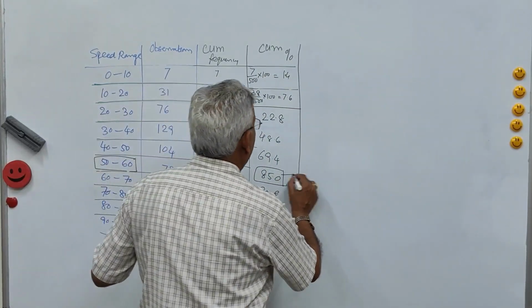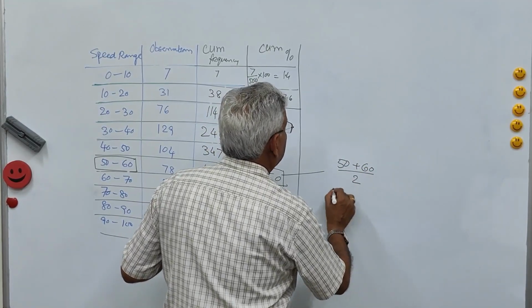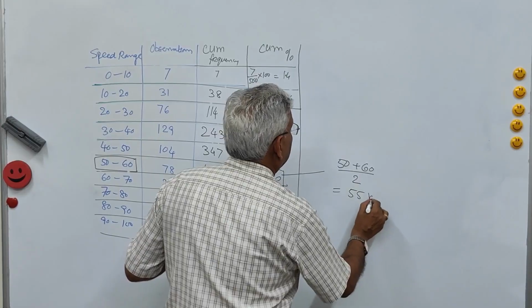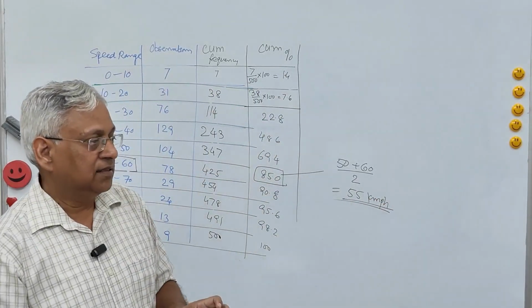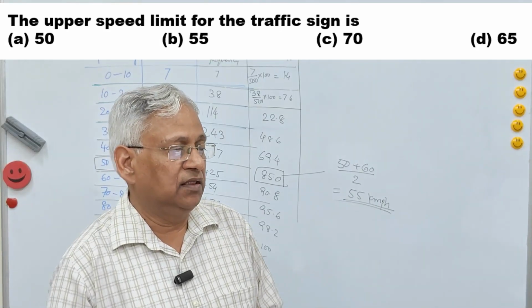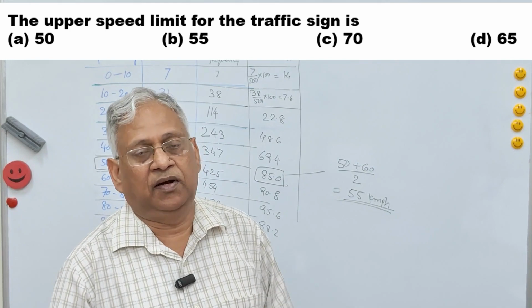So we should take average of these two, 50 plus 60 by 2, that is 55 km per hour. That is the answer. Options are 50, 55, 70, 65. And correct answer is B, that is 55.